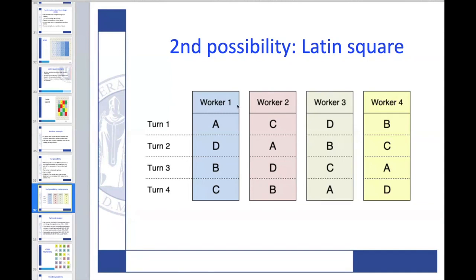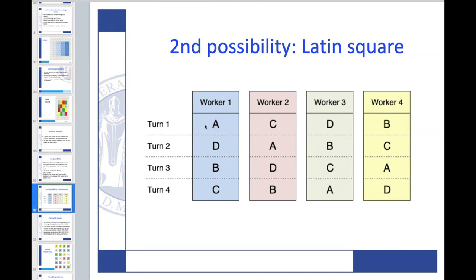So we can have the 4 workers using all protocols in randomized order, but we need to be careful that each protocol is used in all turns. Look at this.